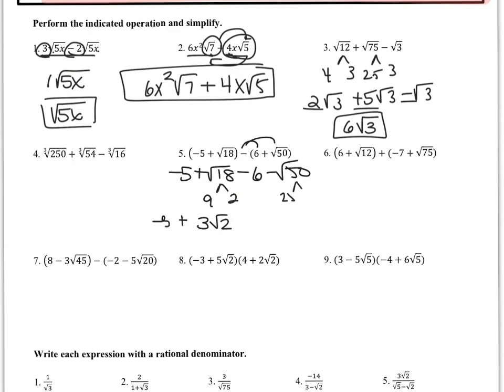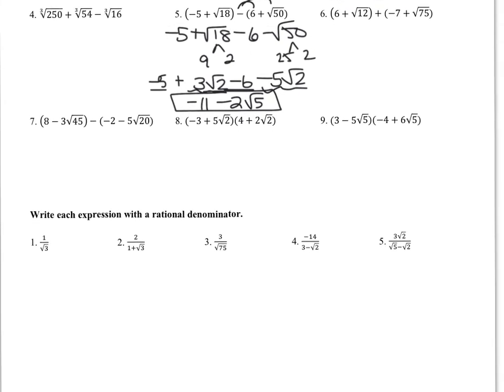And 50 is 25 and 2, so that's 5 rad 2. So now I'm going to combine like terms. Negative 5 and negative 6 make negative 11. 3 rad 2 and negative 5 rad 2 make negative 2 times the square root of 2. So that leaves you 6 and 7 to be able to do.